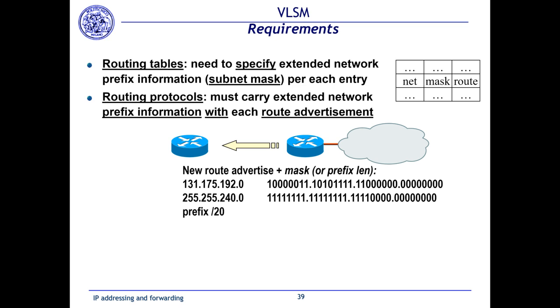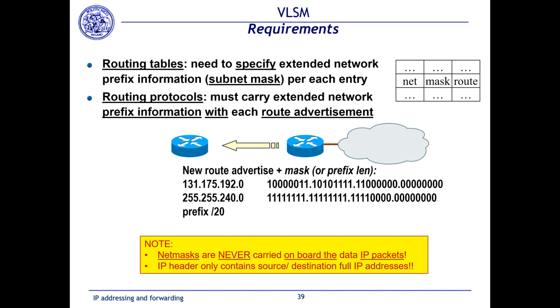And also the protocols, as I already mentioned, must always carry information about the network prefix plus mask or length. Remember that the net masks are never carried on board of the data IP packets. They are always carried by the routing protocols used to write the content of the routing tables, but never inside the IP packets.